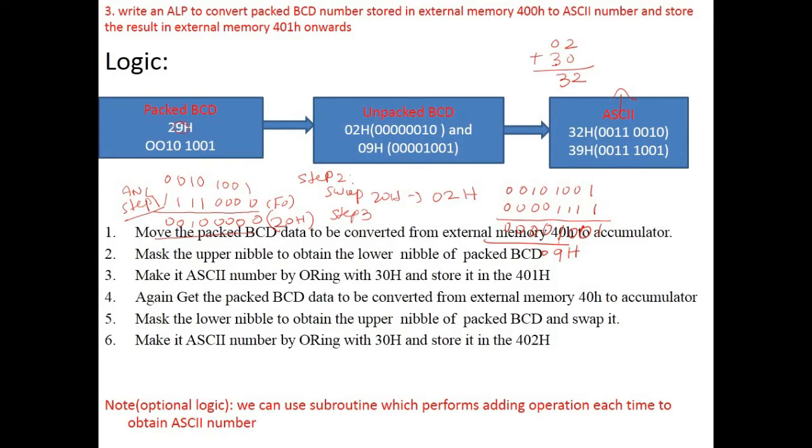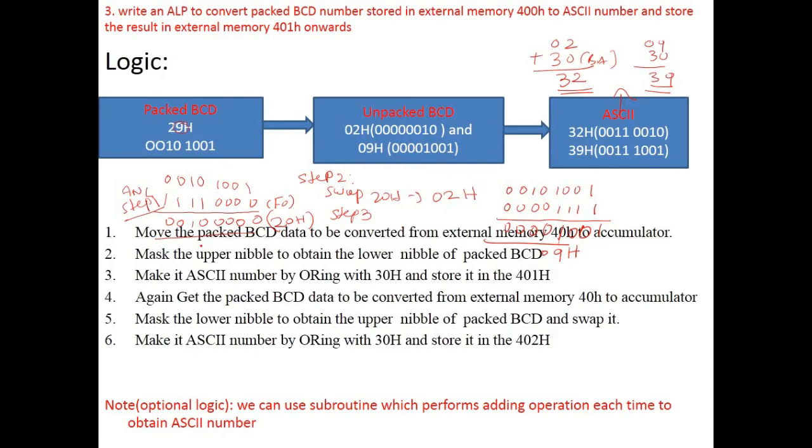This is binary addition, we need to do the binary addition. Similarly 09H with 30H, we'll get 39. Okay, so this is the logic we need to implement using the 8051.